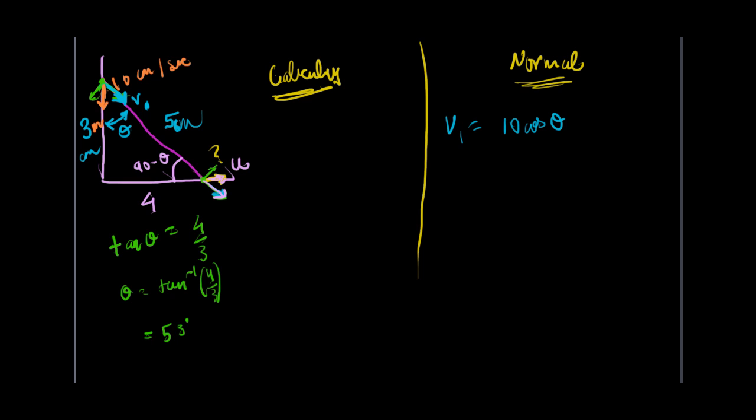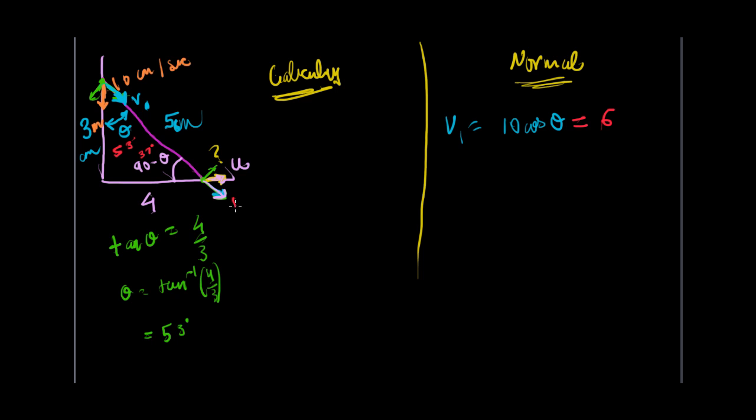So what to do next? Well, now this angle is 53, so this angle is going to be 37, right? So 10 cos theta will be 10 times the cos of 53, which is 3 by 5, so 3 by 5 times 10 is 6.